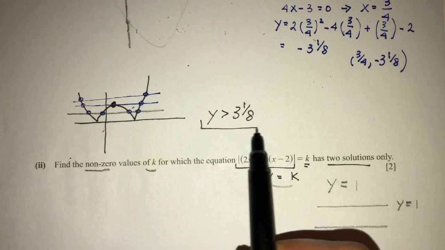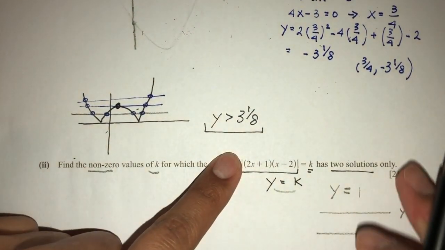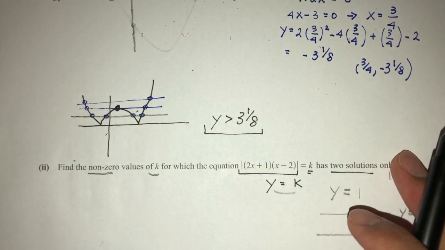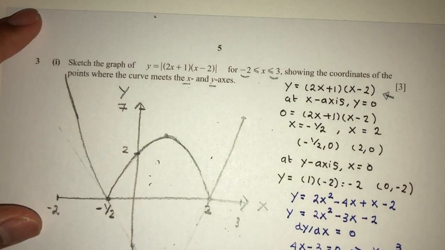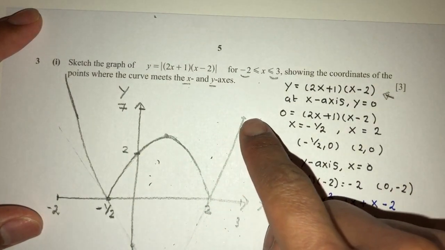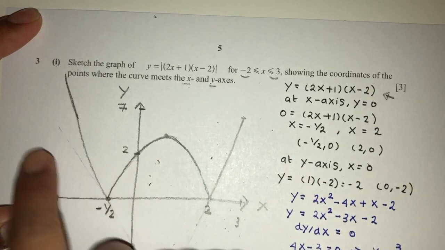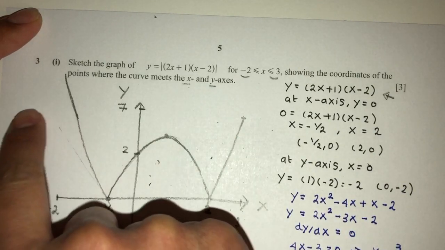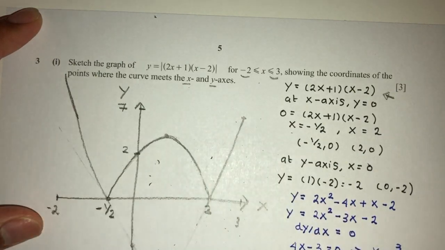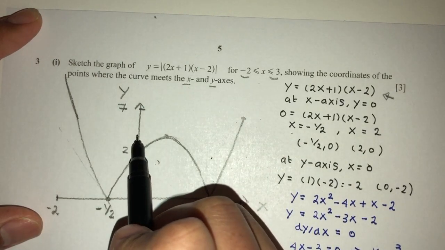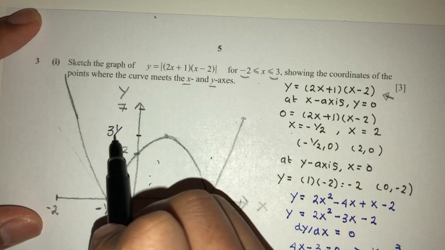That is initially, of course, but now you have to also observe your graph. You can see that your graph stops right here. So it means that we can only have the value. So here we know this is 3/1/8.